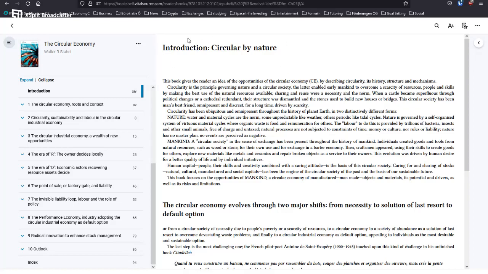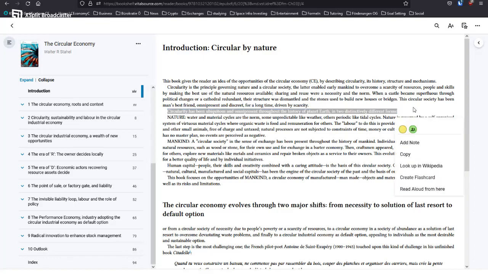By nature, circular processes are inherent in the environment. We can see that circularity has been ubiquitous and omnipresent throughout the history of planet Earth in two distinctively different forms.